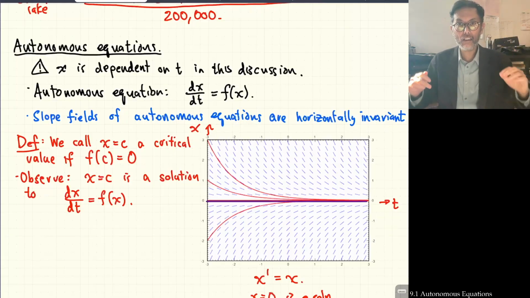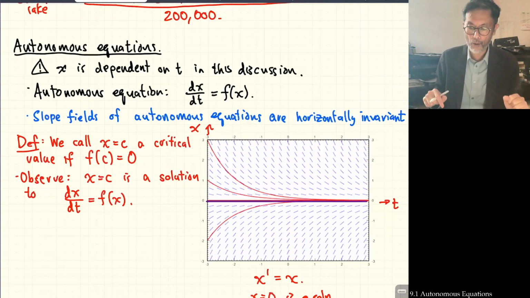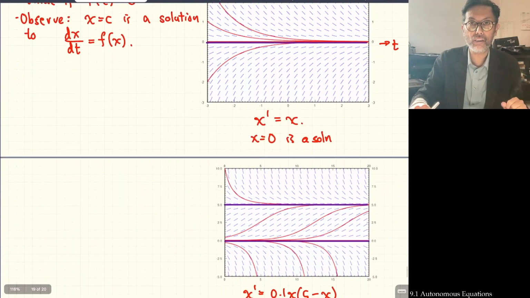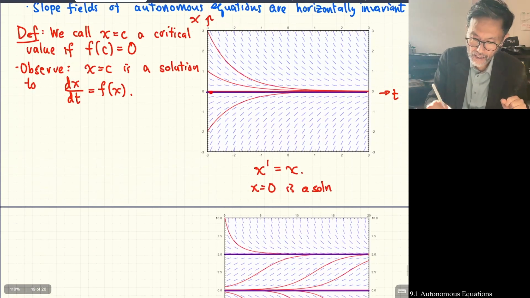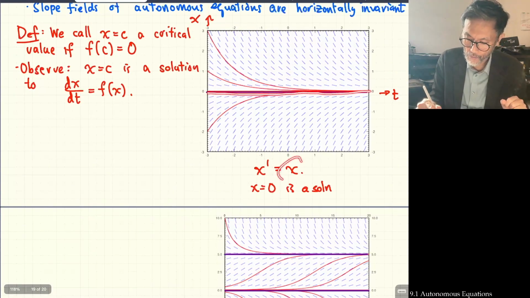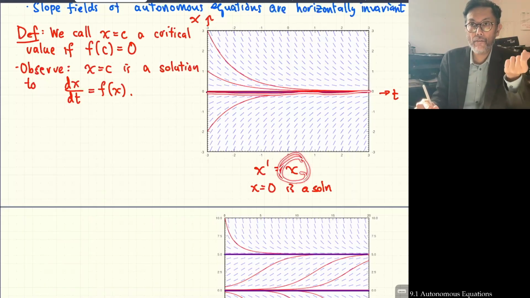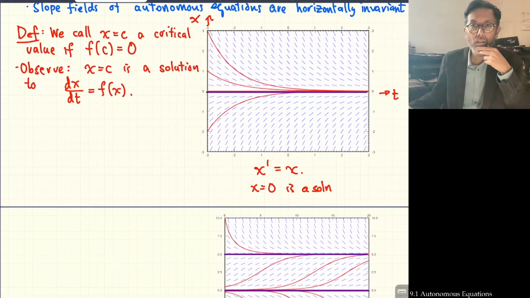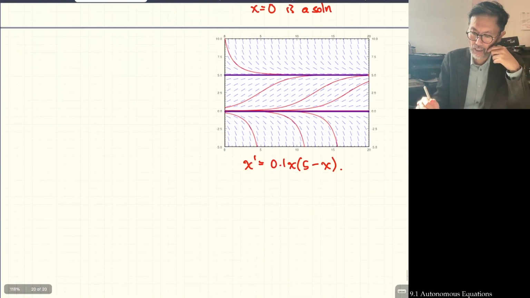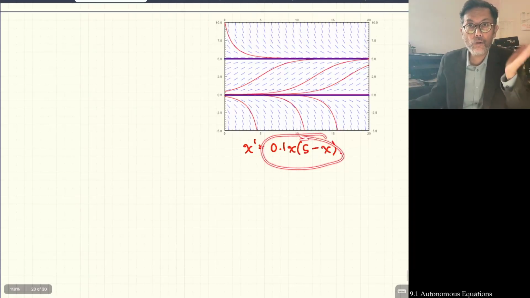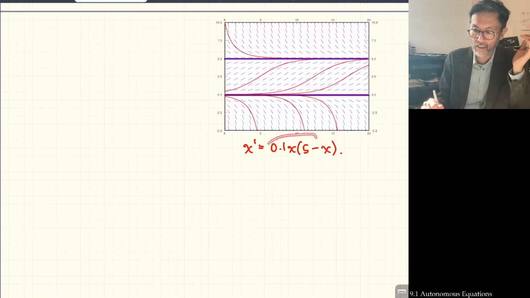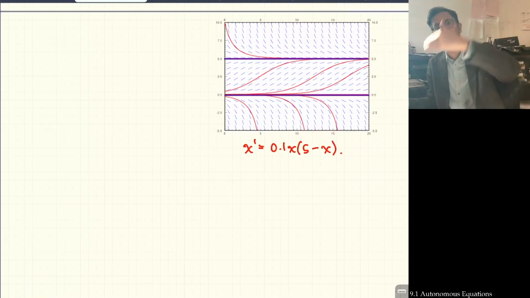That's exactly what's going on with these purple horizontal solutions. This one here is exactly a solution to f of x being equal to 0. In particular, f of 0 is 0, where f of x is x. And similarly down here, the two values of x which make this side equal to 0 are 0 and 5.